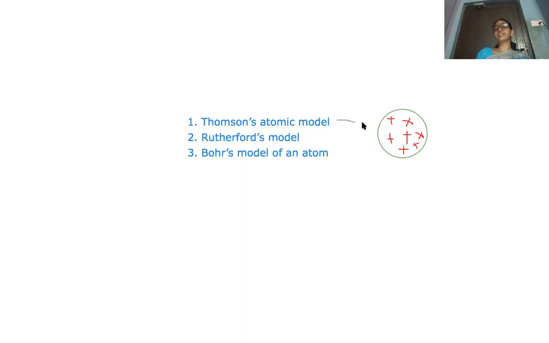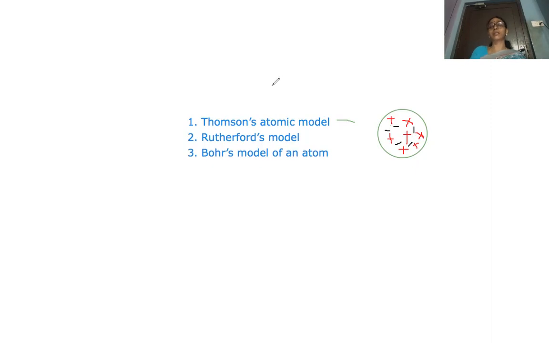Just as the seeds of a watermelon are embedded inside the pulp, the negative charge is embedded inside the atom, spread out like the seeds.